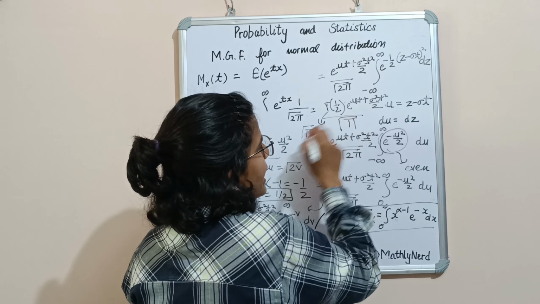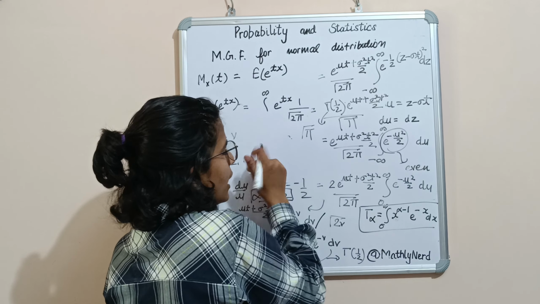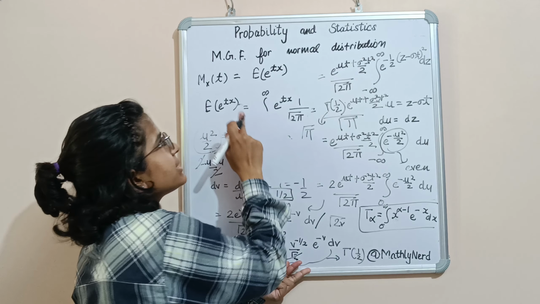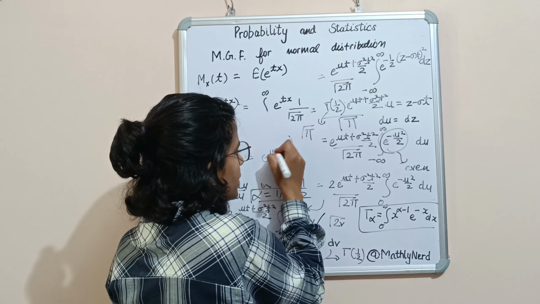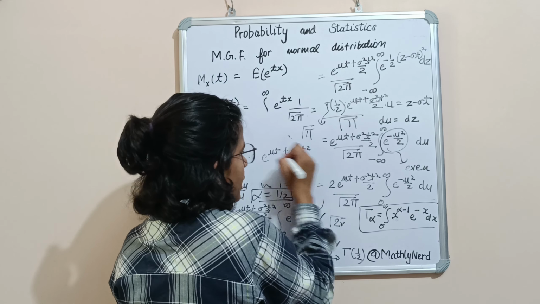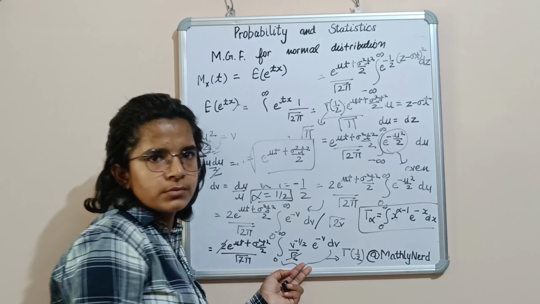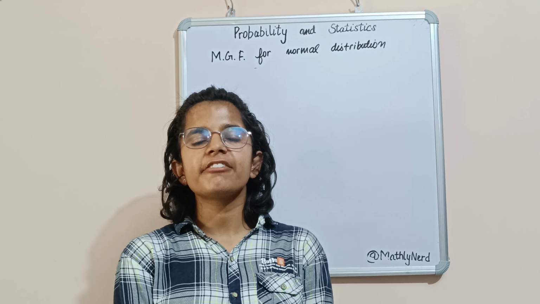So under root pi and under root pi will be cancelled out, and our expectation of e raised to tX, that means the moment generating function, will be equal to e raised to power mu t plus sigma square t square by 2. So this is our moment generating function.